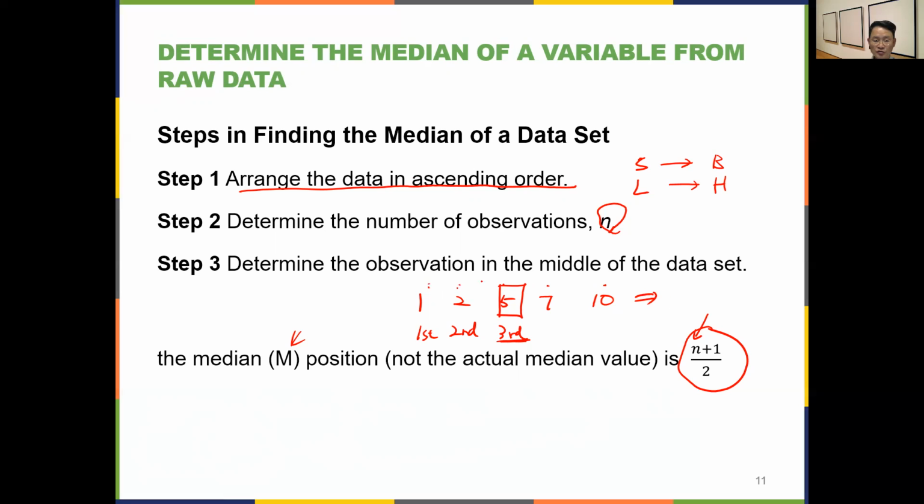Sample size is 1, 2, 3, 4, 5. So if you want this third position, this is 5 plus 1 divided by 2, which is 6 over 2, which is 3, third, right there. Okay.